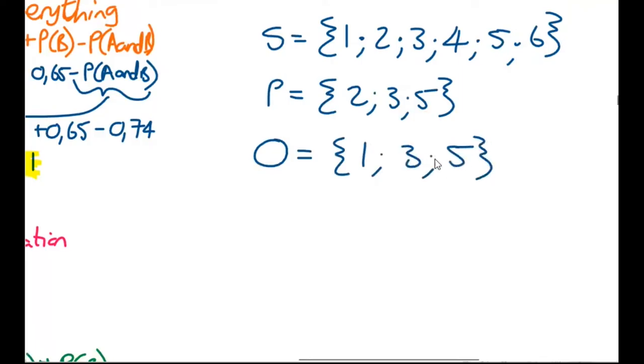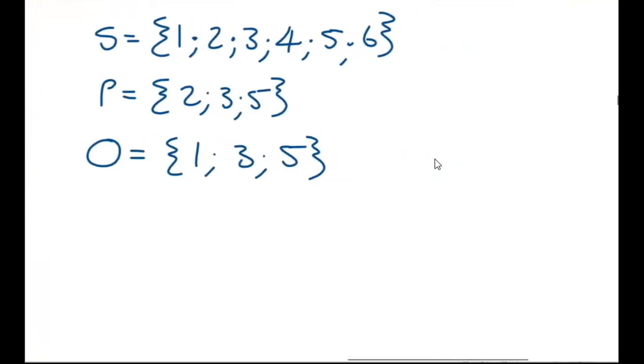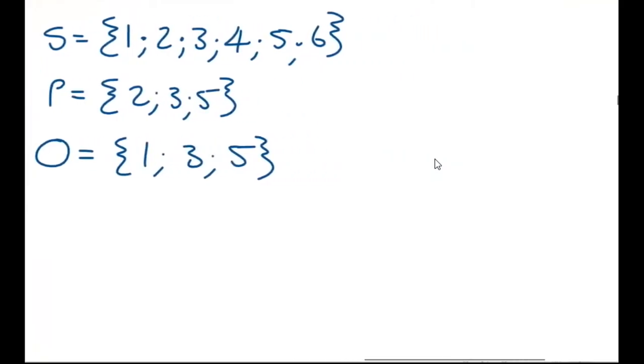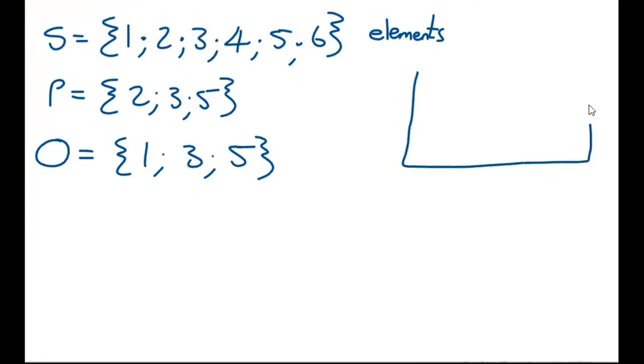And now we're going to represent that in a Venn diagram in 3 different ways. The first way is by listing the actual elements. Now this can work in something that's small like this, but it wouldn't actually work in every single situation.